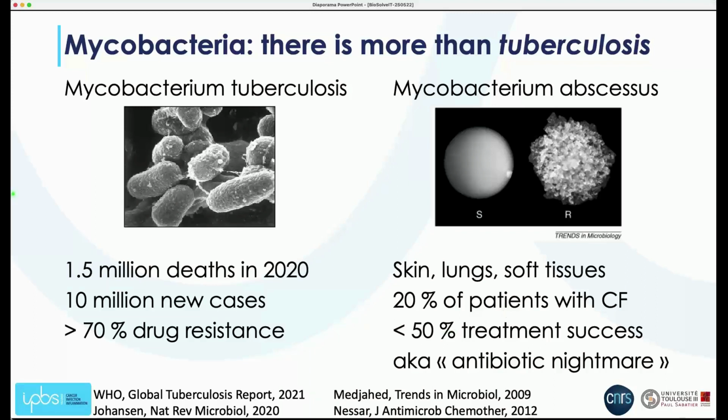What is really bad news is that in about 50% of cases, antibiotics will not be able to treat the infection. This is why it's often named an antibiotic nightmare, as I will illustrate later in this talk.